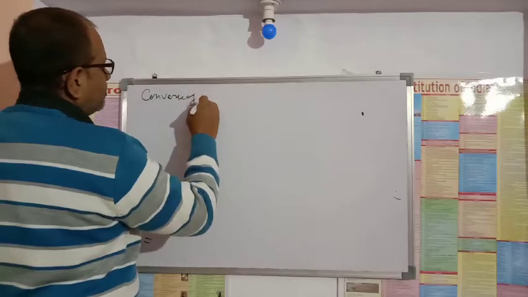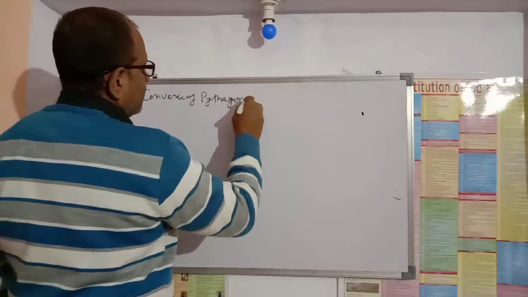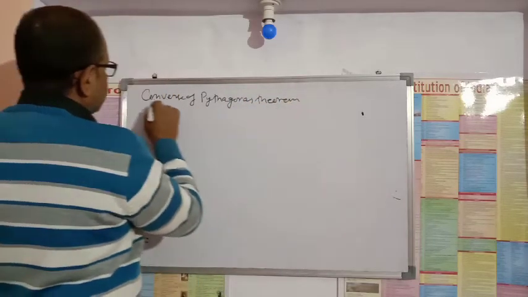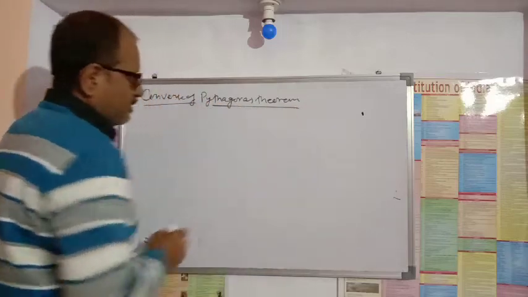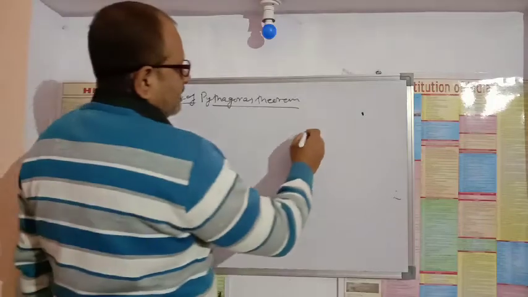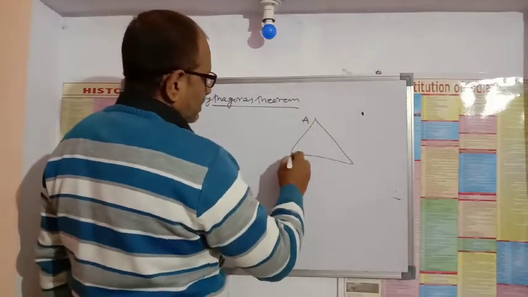Converse of Pythagoras theorem. What is the converse of Pythagoras theorem? Take any triangle. Suppose this is the triangle ABC.